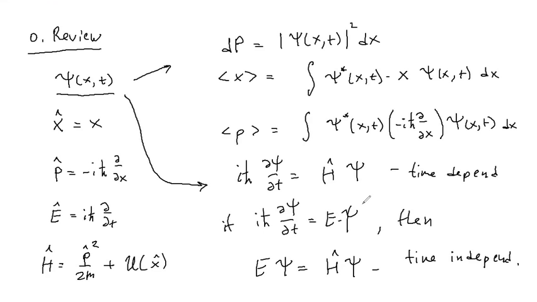So it could be very complicated, especially if you go to 2D or 3D, like the hydrogen atom, for example. But this probably is the most interesting, because as a result of this solution, you're going to get energy and the possible wave functions, possible states.